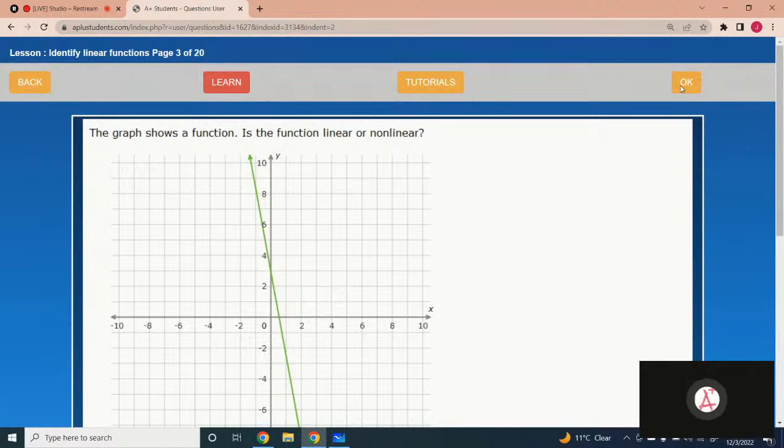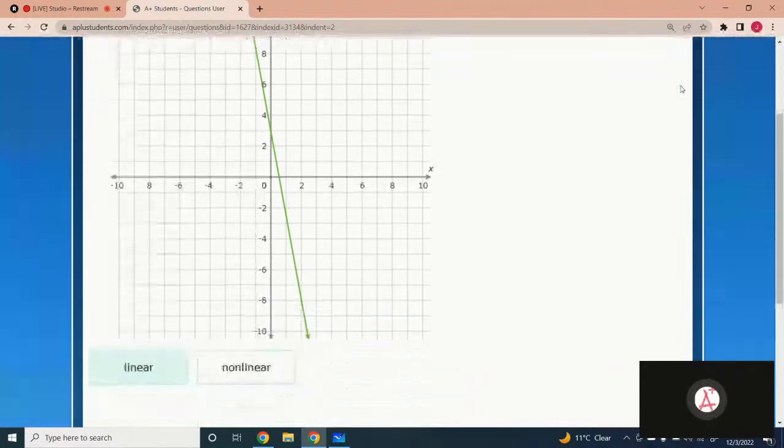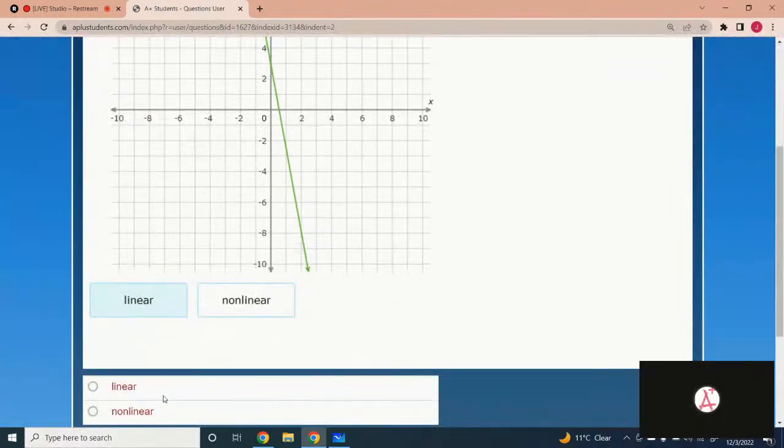Okay, the graph shows a function. Is the function linear or non-linear? The graph is a straight line. Got it? That means it is a linear function. Just select the correct option and click on the OK button. It is the linear one.